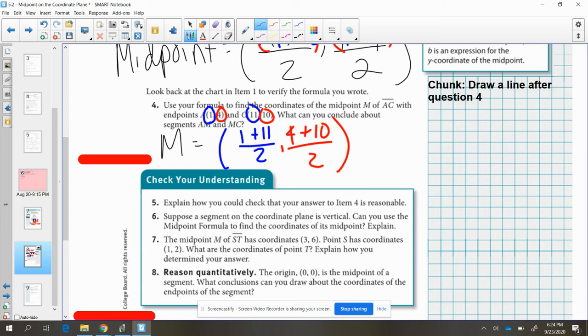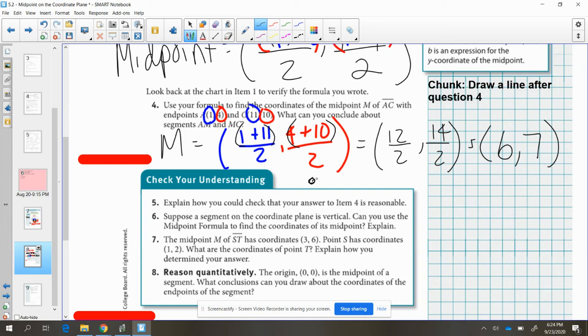Now again, make sure you add them up first and then divide by 2. So 1 plus 11 is 12 divided by 2. And then 4 plus 10 is 14, and we divide that by 2. So we end up with 6 comma 7 as our midpoint.